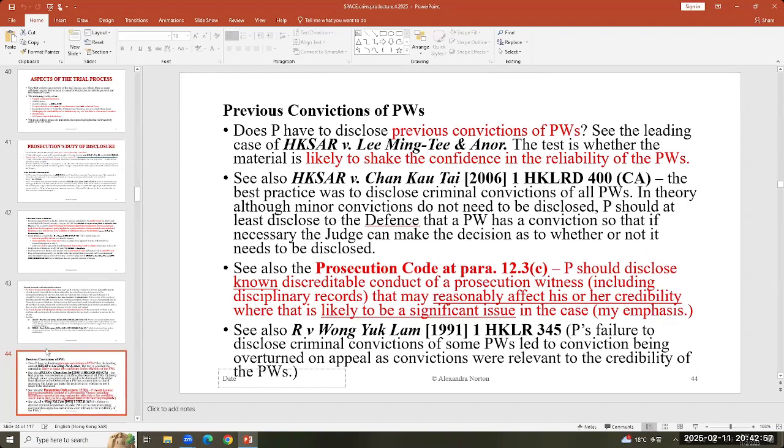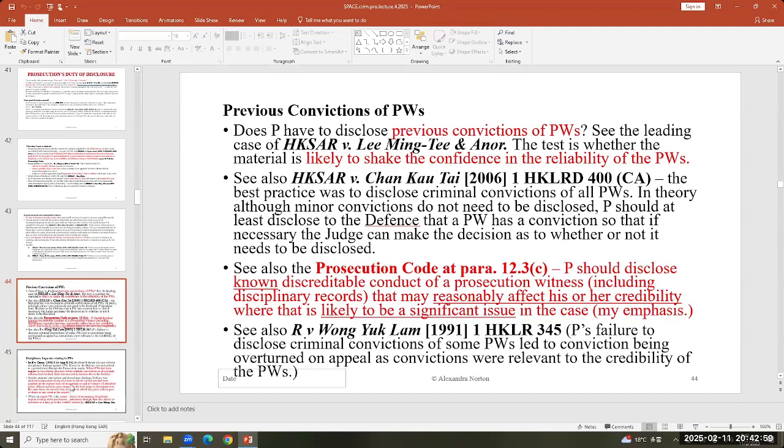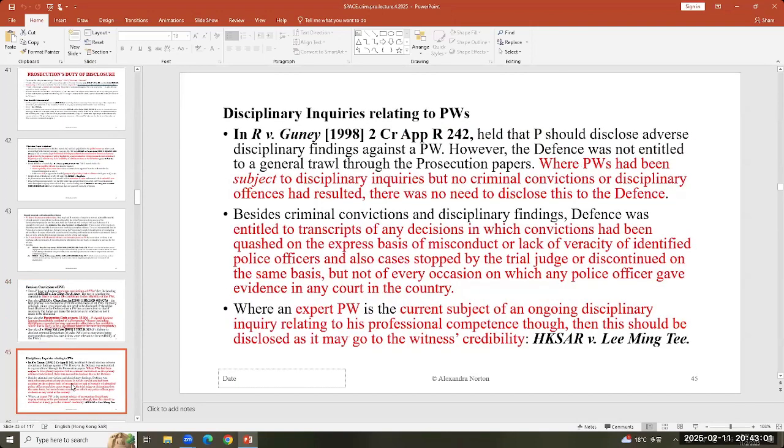But when we look at the case law, I think it's quite clear that even where the witness is still subject to a disciplinary inquiry, depending on the nature of that inquiry, it may be relevant to disclose that, because that's the case in Li Ming Ti.